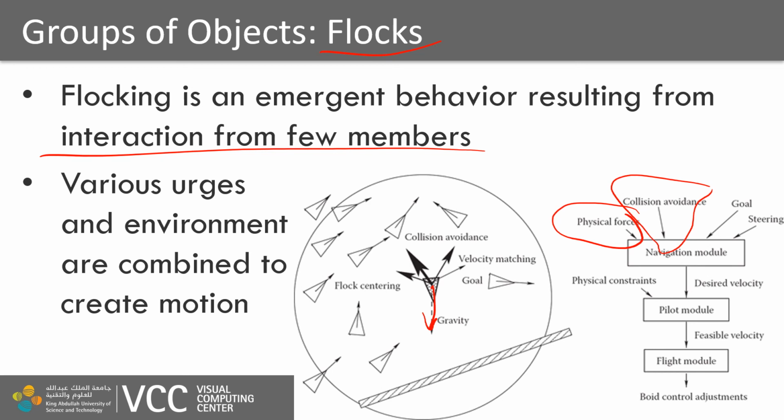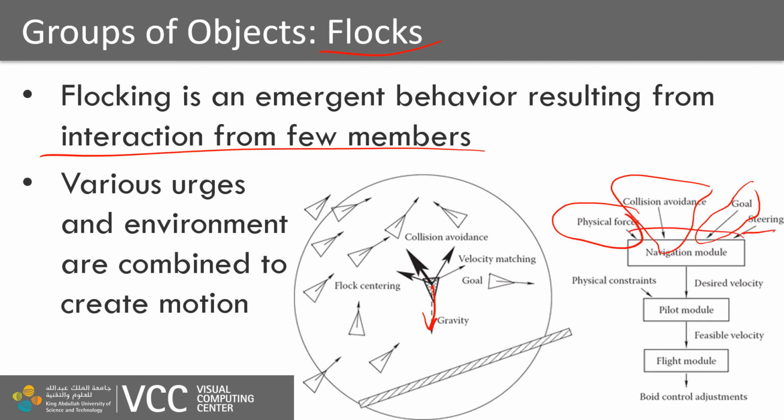There is a certain goal which these elements of the crowd or flock want to achieve, and there is a certain steering which we can apply to define where we want the objects to go.